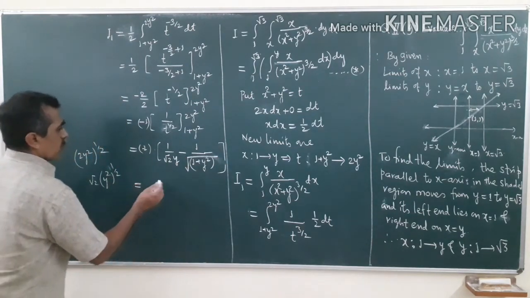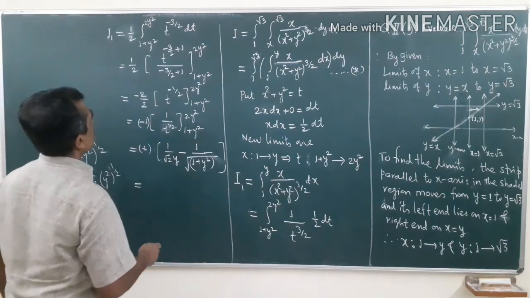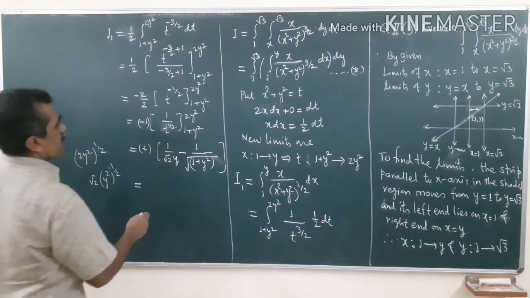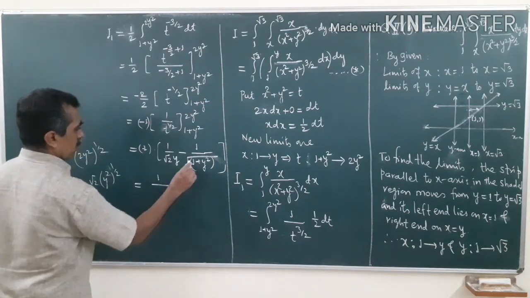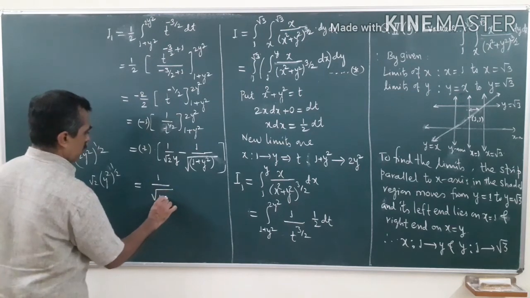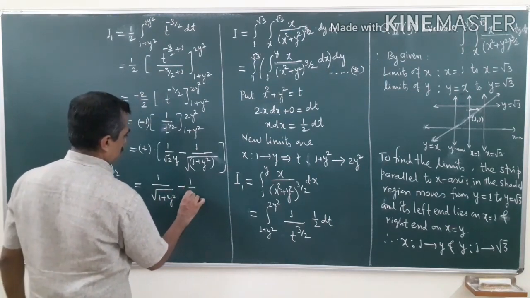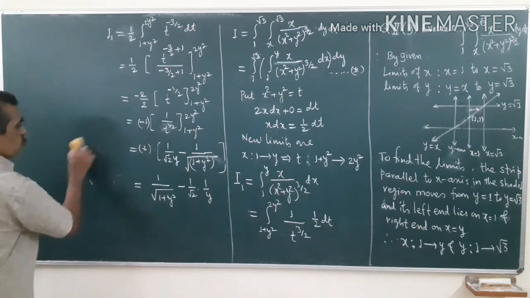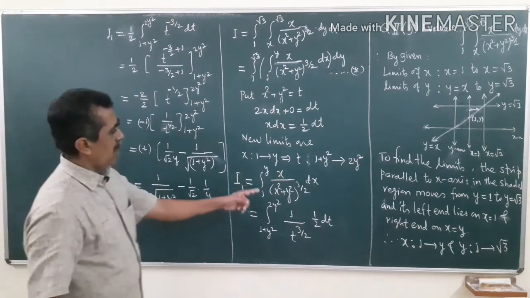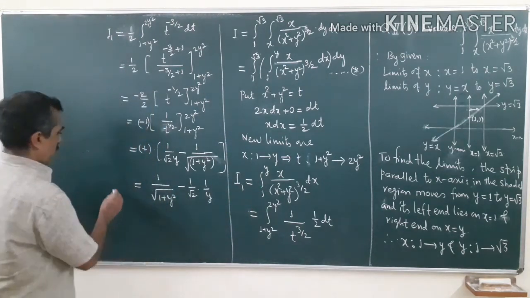Now I will take the minus sign inside, so this will become 1 upon under root 1 plus y square minus 1 upon root 2 into 1 upon y. This is the value of I1. So therefore I1 is this.